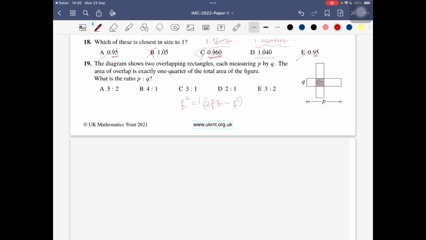But 1/4 of this figure area is Q squared. So this is how it can be expressed. So 4Q squared equals 2PQ minus Q squared. 5Q squared equals 2PQ. q(5q minus 2p) equals 0. So q cannot be 0 because this is the shape, so 5q equals 2p. So p to q, we divide by 2, 5 over 2, so 5 to 2.